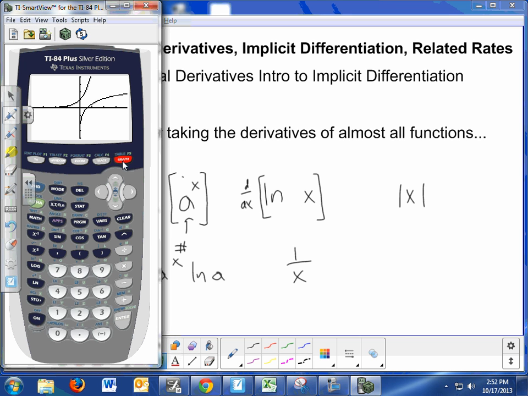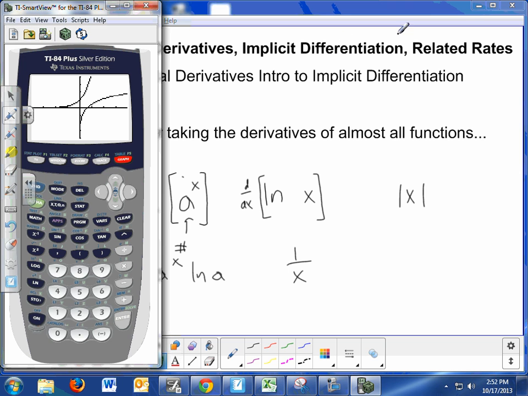Now, what do you notice about the graph of log x? Beautiful. The function is not defined when x is less than or equal to 0. E to the x will never approach 0, so we can never plug in 0 into log of x.